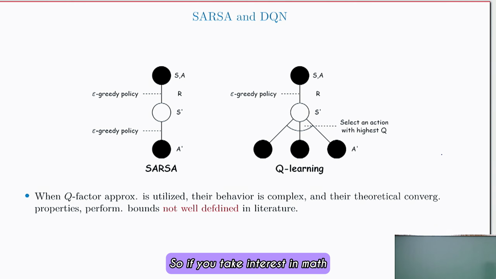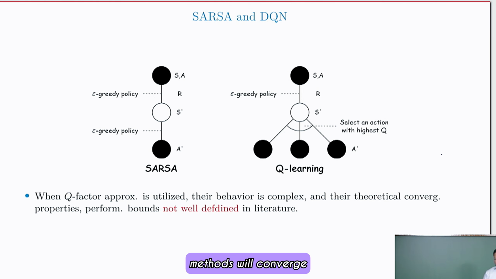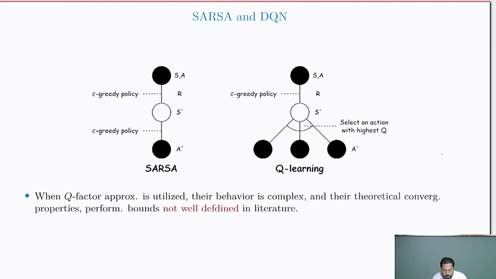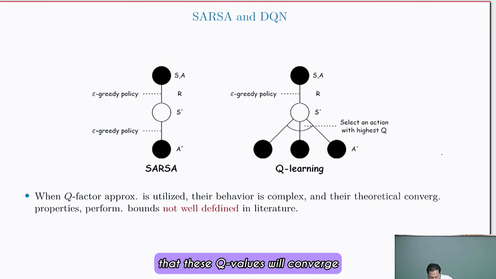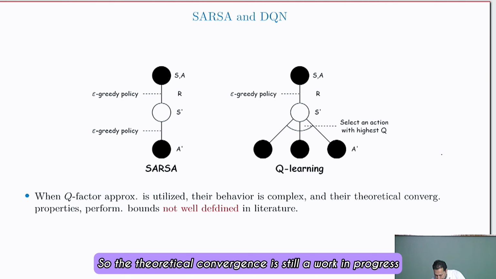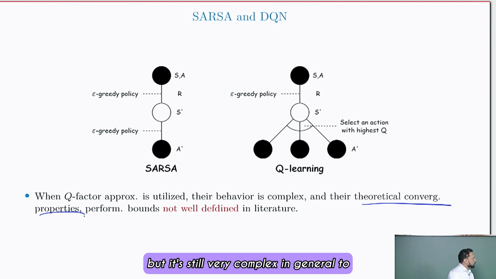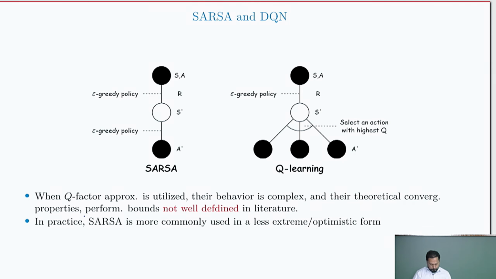If you take interest in that kind of maths, these are still open problems: proving convergence bounds for why Q learning methods will converge, and what the guarantee is that these Q values will converge. So the theoretical convergence is still a work in progress. There are some results, but it's still very complex to derive in a generic setting.